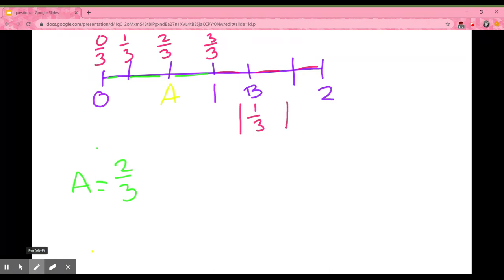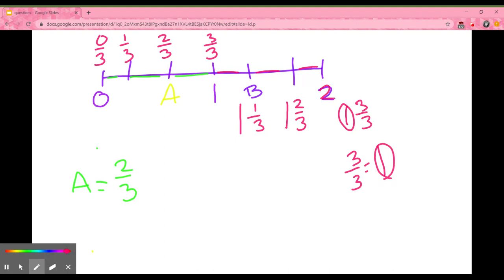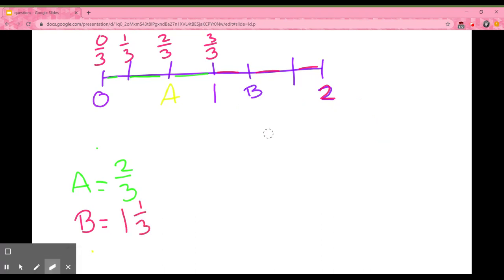And the next one is 1 whole one, 2/3. So you can say it's 2, or you can say it's 1 whole one and 3/3, because if we think about it, 3/3 is equal to 1. So this is just like having 1 and 1. And if you put 1 and 1 together, you get 2. So we can say that letter B equals 1 and 1/3.